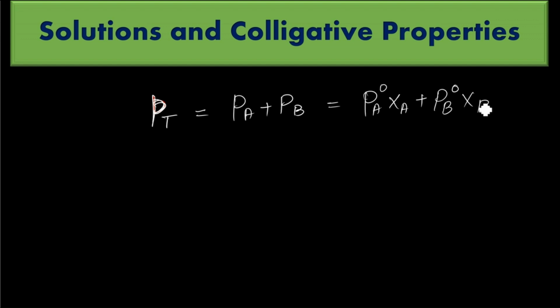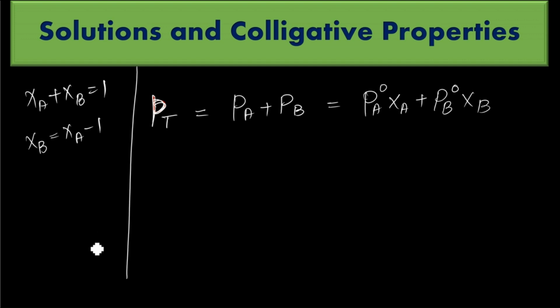Or otherwise, here I am having two terms, chi_A and chi_B, the mole fractions of A and B. Let me make it a single term, because we know that chi_A plus chi_B is equal to 1, right? So chi_A is equal to 1 minus chi_B. So total pressure equals P_A naught times (1 minus chi_B) plus P_B naught chi_B, okay, right?